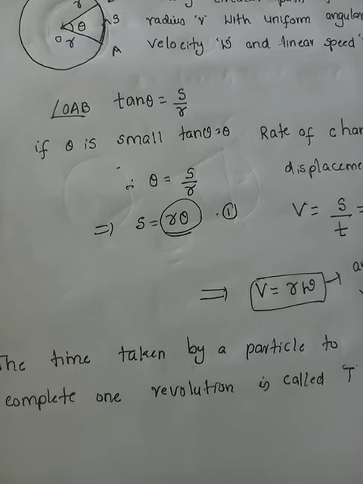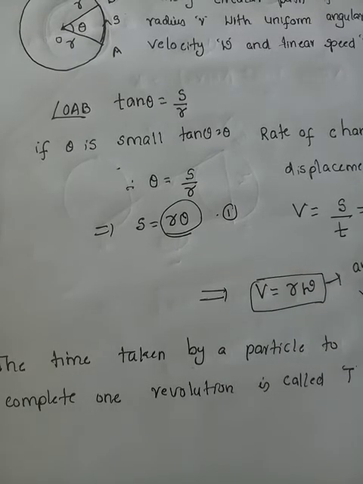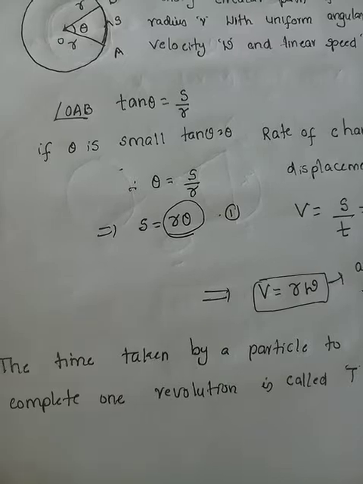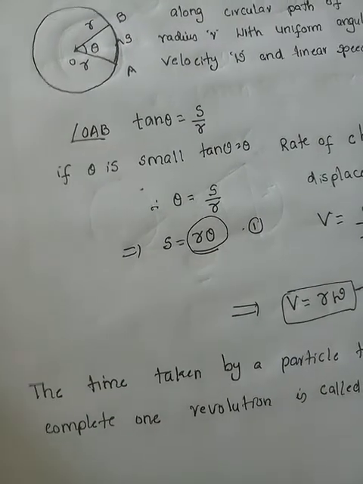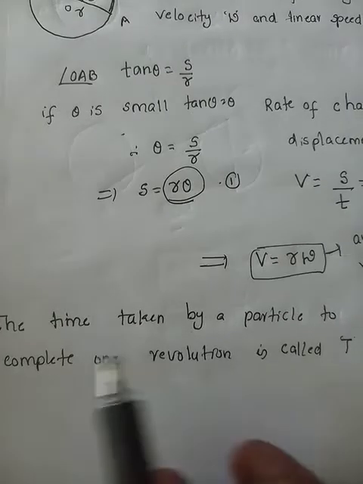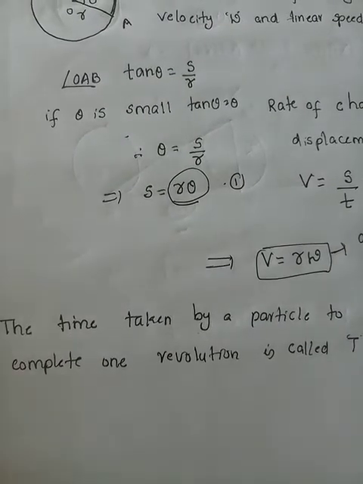It is possible, right? Yes, for an electron it will do lakhs of rotations or revolutions. So, that number of revolutions done in 1 second is called frequency.